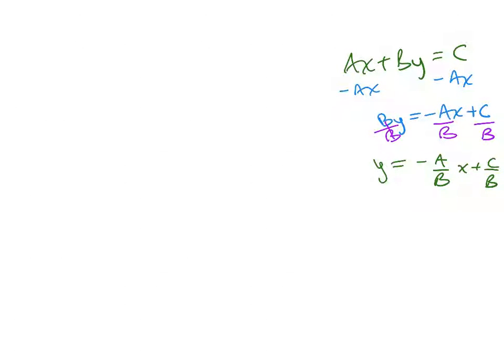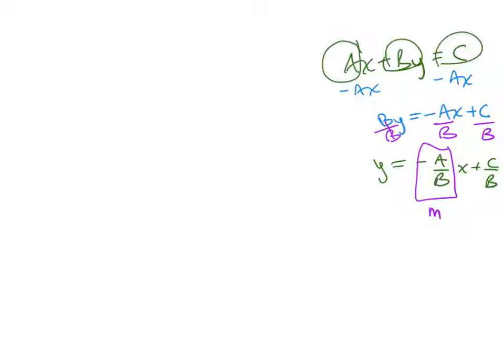This is the way that it has been discovered that there's a shortcut. Regardless of what a, b, and c are equal to, if I translate anything that's in standard form into slope-intercept form, the m is really the opposite of what a was over b. Opposite, or negative a over b. So that's the m.